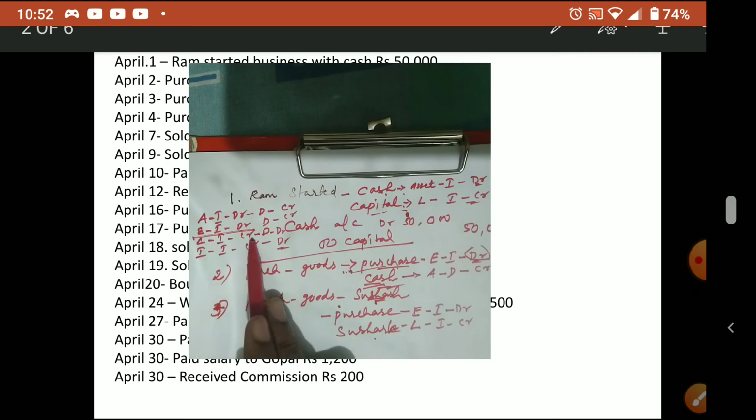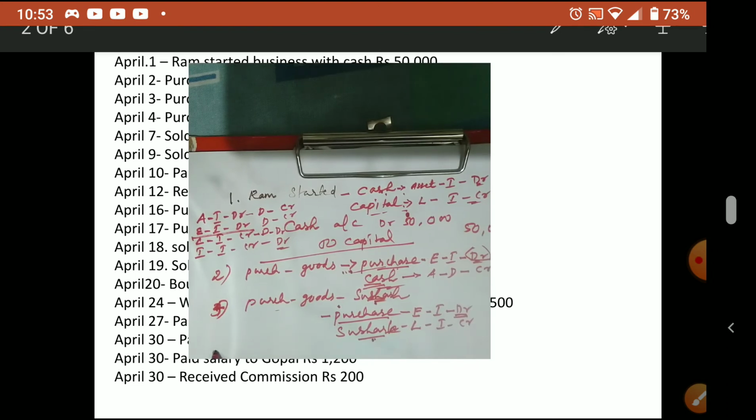So purchase account will be debited and Subhash account will be credited. How to write the journal entry, I told you already, so I'm not writing this, otherwise the video length will be more.